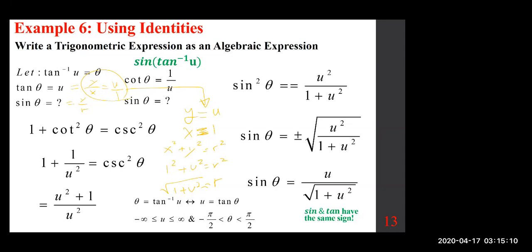So now you put it as y over r: y is u over the square root of 1 plus u squared, and that gives you exactly the same answer. And which one is easier? I have no idea, class. You make a decision. Okay? Are there any questions, class, so far?